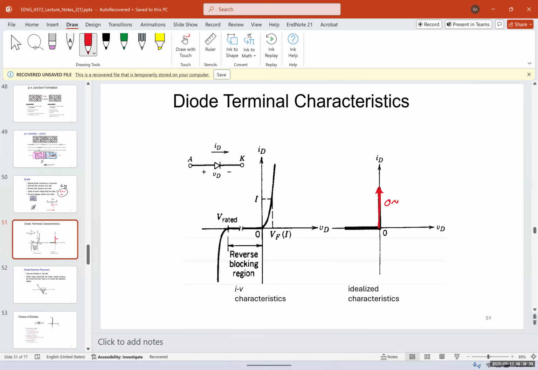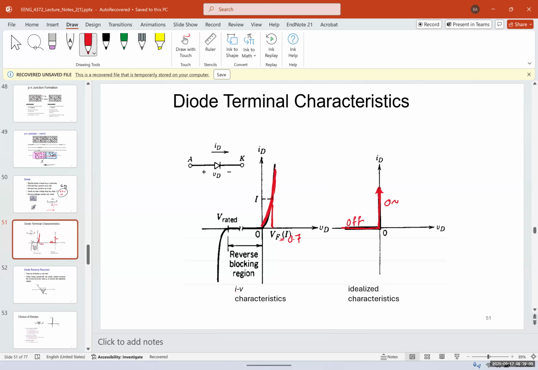And when the voltage is negative on it, it's turned off. But in the real world, the diode doesn't work like that. You need a little bit of voltage to be able to turn on the diode. That voltage is called the forward bias voltage, or VF. For a silicon diode, it's usually 0.7 volts.